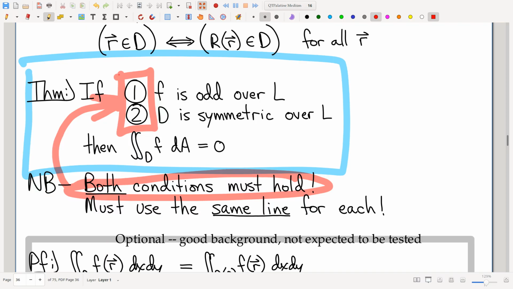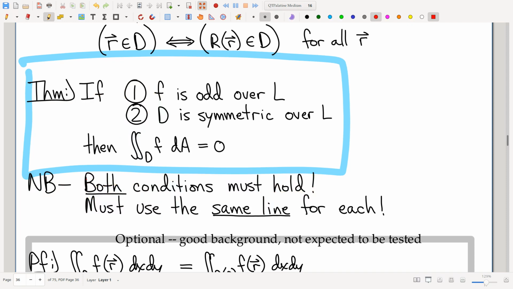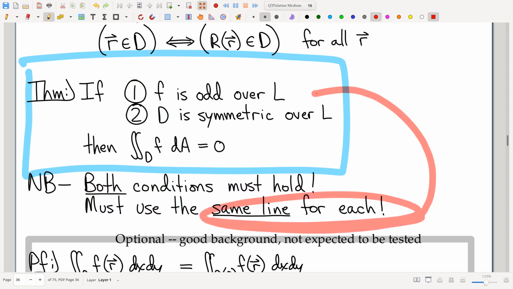They didn't even check to see if the integrand is odd. You have to have both conditions. A symmetric domain by itself means nothing, right? And then vice versa. Just make sure you check both. The other thing is you have to use the same line for both. This does not work if your integrand is odd over one line, but your domain is symmetric over a different line. It just doesn't work.